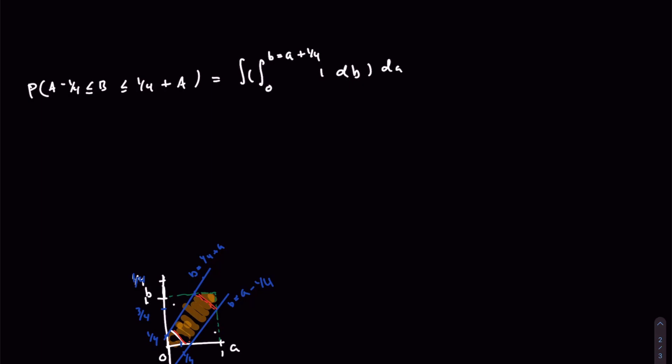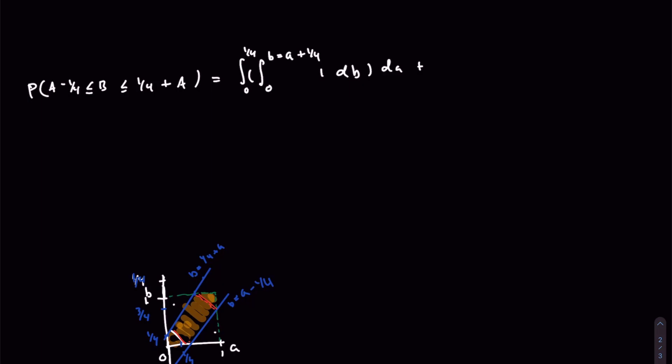So we're going from 0 in the y direction up to the line here, and then over the x dimension we're going from 0 to 1/4. Okay, that was the first triangle.